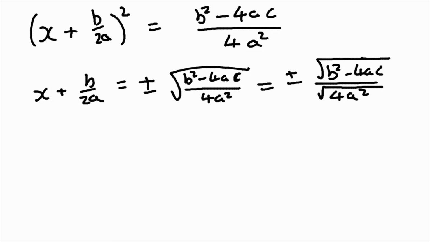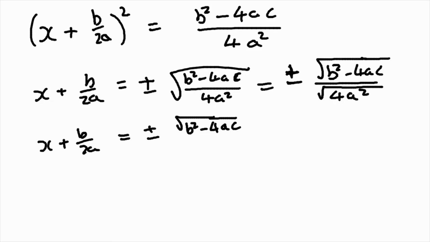Now we note we're not doubling up on the plus or minus, we only need the one. So x plus b over 2a is going to equal plus or minus. We can't simplify the top, so we're going to leave it as this. And on the bottom, the square root of 4 is 2, and the square root of a squared is a.